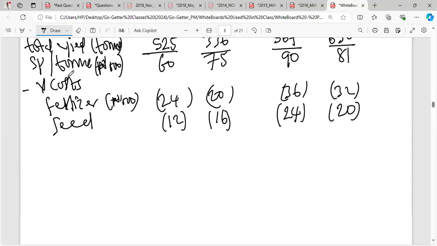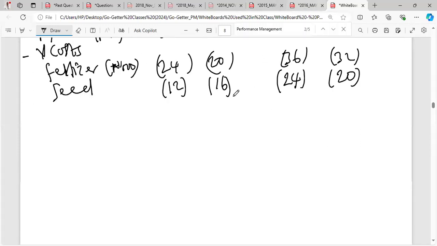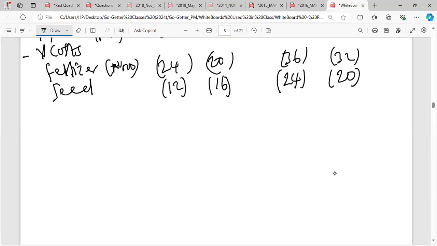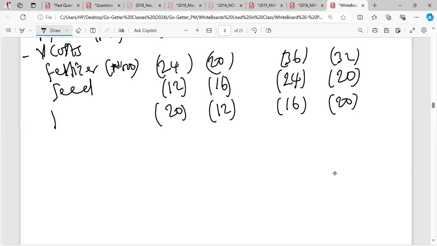We go down again. Pesticides: 20, 12, 16, and 20. We call it pesticide.